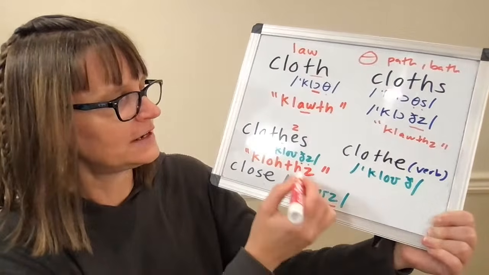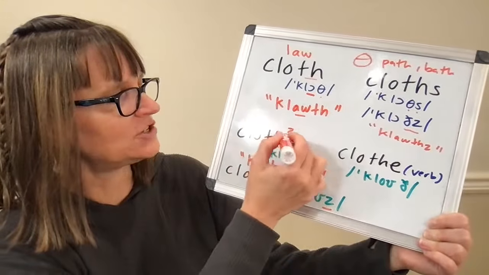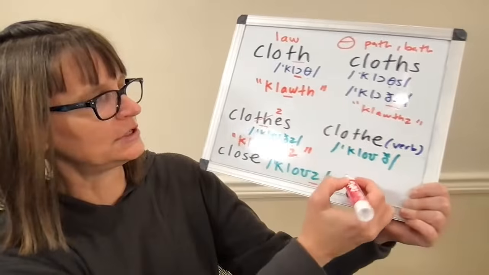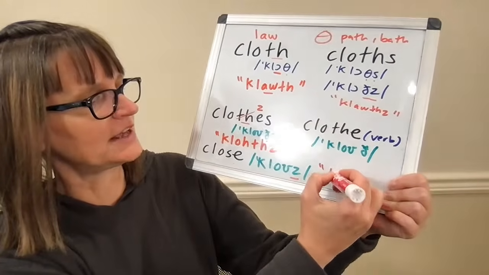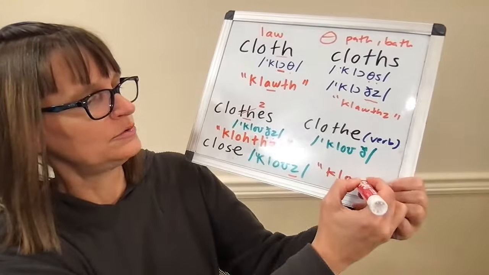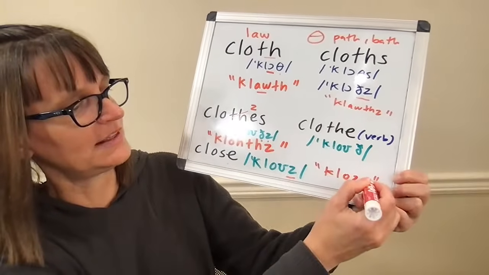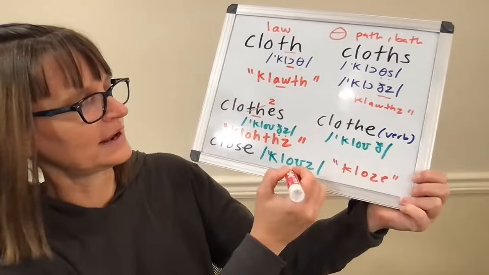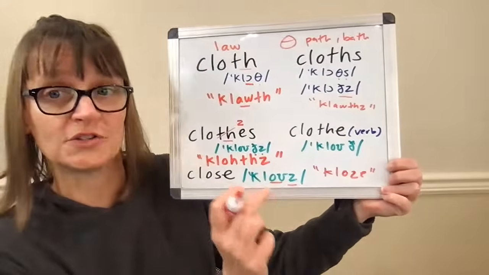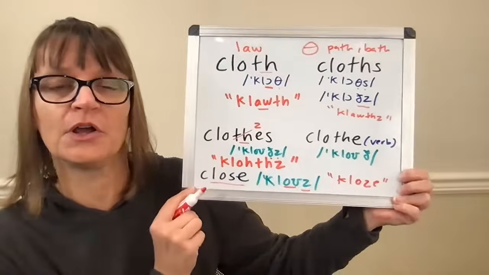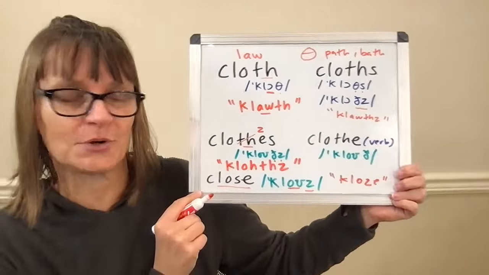They're often going to just leave the th off and do it more like close, in which case it just sounds like close with a Z sound. We don't really need that E there, but I'm putting that there to help you recognize that the O is a true O sound. And that's the same way we say the word close, like close the door.